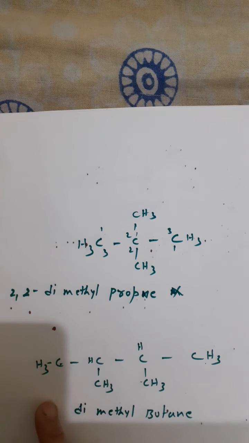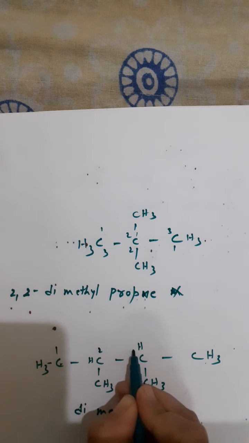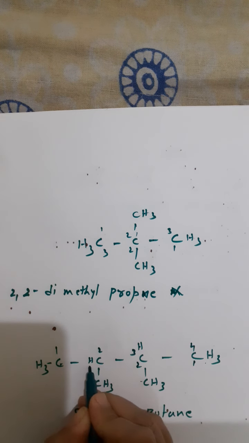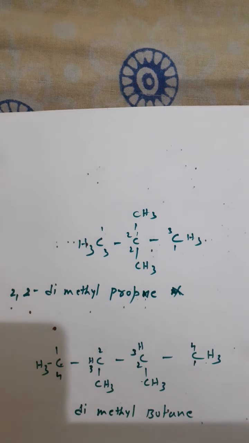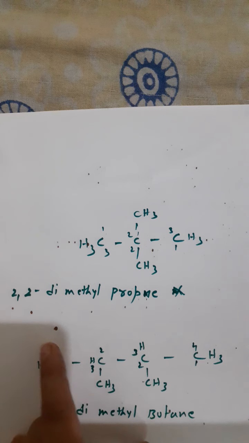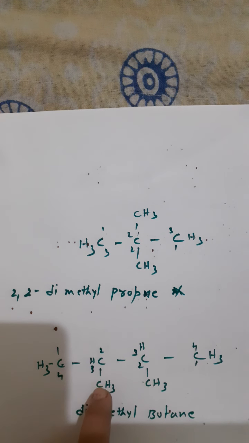Then comes another rule, position. So let us number them. 1, 2, 3, 4. Start from here. 1, 2, 3, 4. The numbering can be given either from right to left or left to right, because either way the methyls are one on the second carbon and the other on the third carbon.